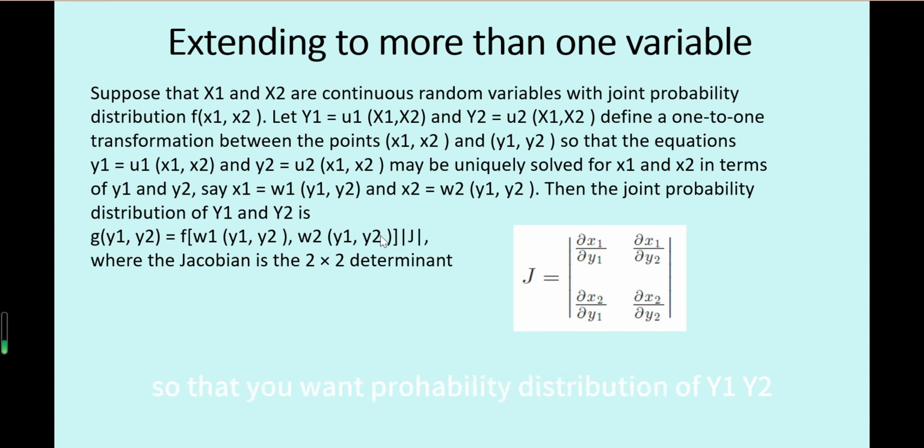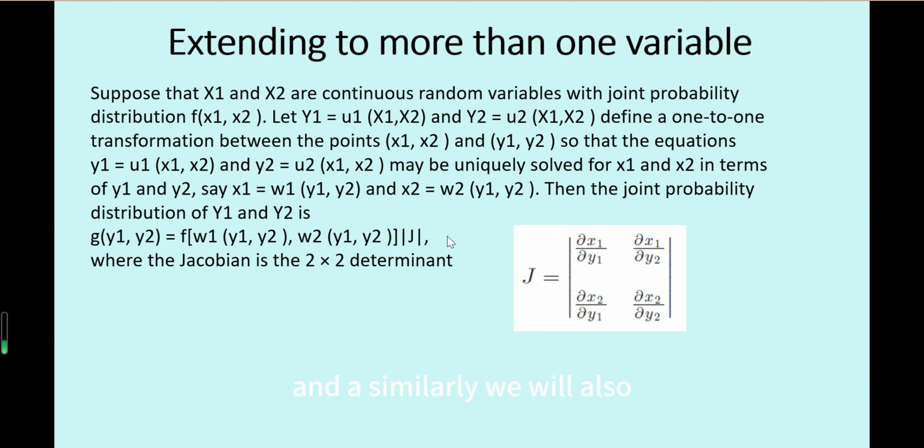So the joint probability distribution of Y1, Y2 can be obtained from the distribution f. Here f is the joint distribution of X1, X2, but we fill in the inverse expressions w1, w2 in terms of y1 and y2 in the brackets.